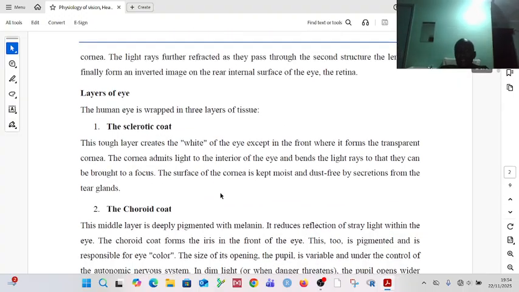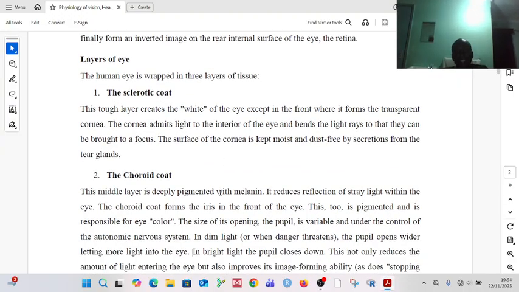So the eye has 3 layers. Okay? The eye has 3 layers. The first layer is what we call the sclerotic coat. So this is a tough layer. Okay? It's a tough layer.